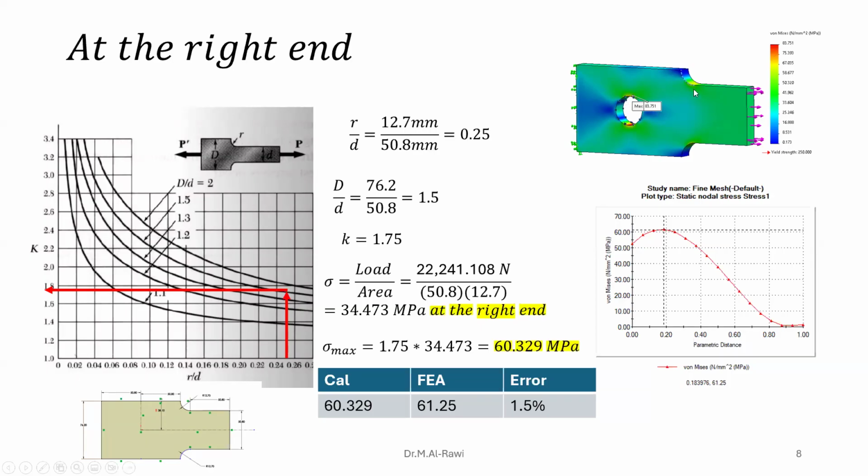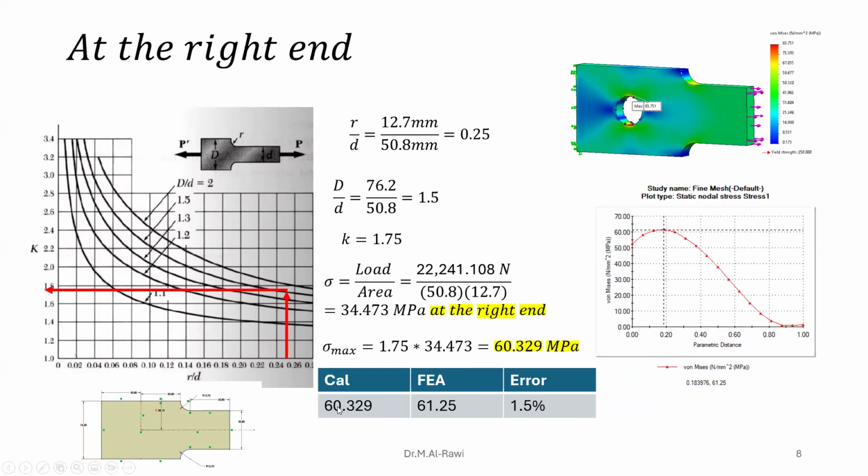But if I want to really know that, you can use the probe, and from the probe you select that edge, highlighted in blue, and then you can plot it. When you plot it, you find the maximum value here, which gives you 61.25 megapascal, at a distance 0.18 from that fillet or that edge.